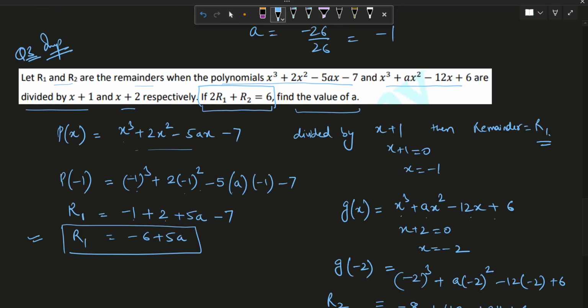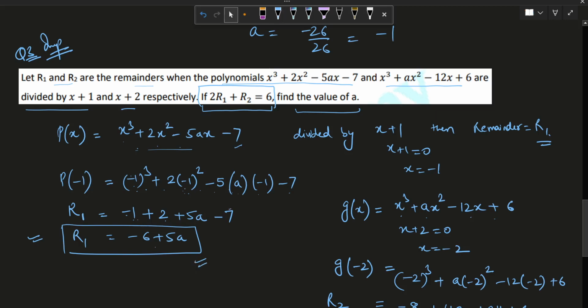I hope this is correct what we got. Let's cross check once more what we have done. x cube plus 2x square minus 5x minus 7, minus 1 cube plus 2 minus 1 square minus 5 minus 1, that's correct. -1 plus 2 plus 5a minus 7, so that'll be -6 only. This part is correct.